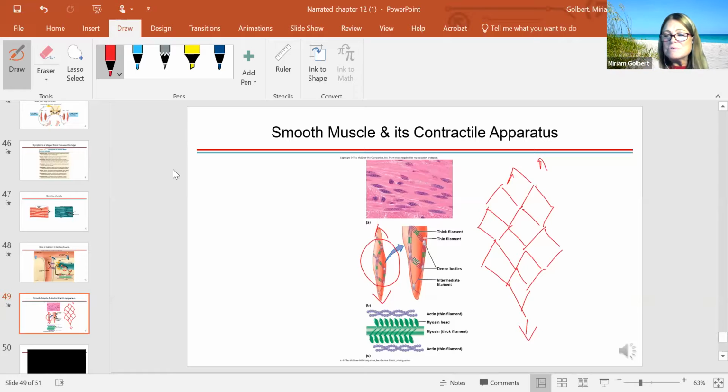So if you get one of those net baggies and you do this with a baggie, that's the movement that these fibers do because of that kind of network type of arrangement. So they contract, they relax by moving this way. So skeletal and cardiac, we learned the sarcomere. Smooth muscle is this way. They still need energy, but it's very different because of the arrangement of these contractile fibers.